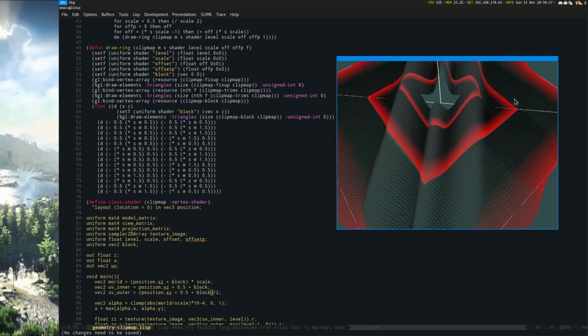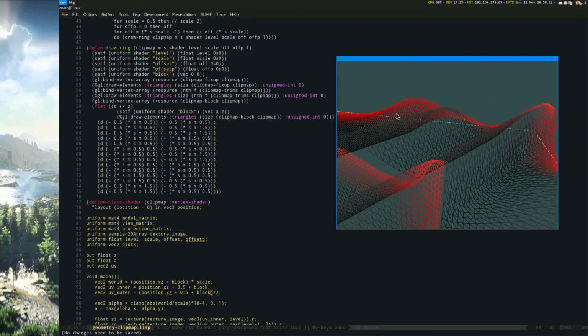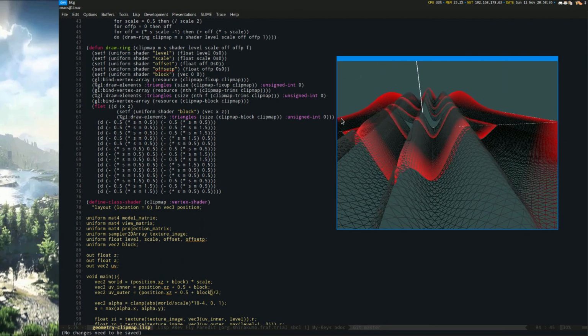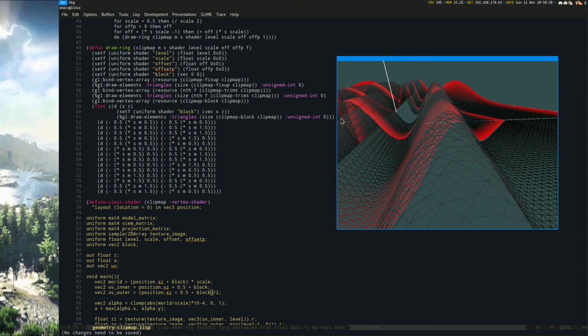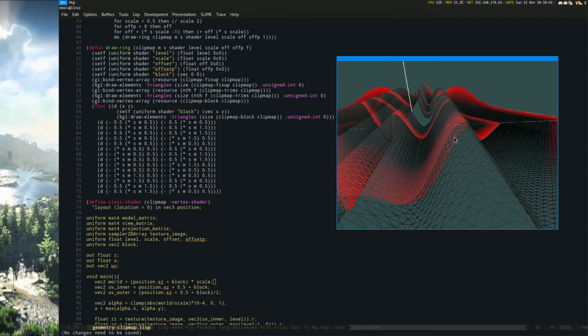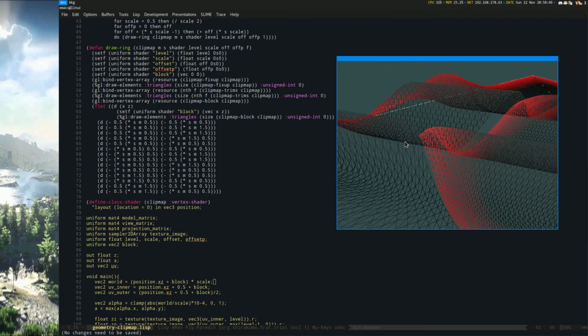Right. So I don't see an offset here. What the hell? I just see weird fall off, which is different.